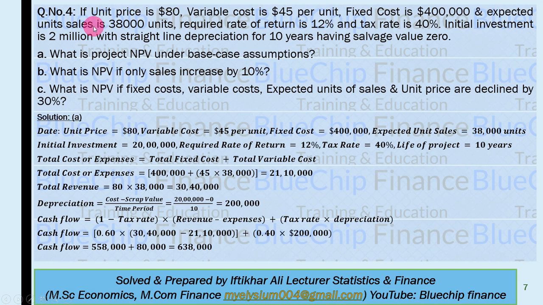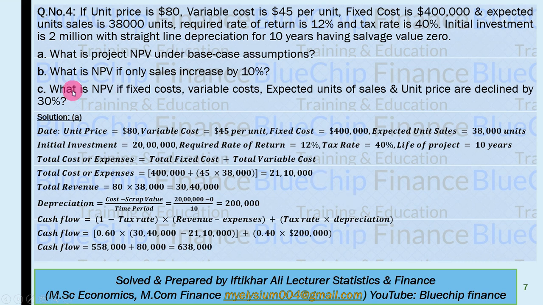Expected unit sales is 38,000, so we take a 10% increase in this 38,000. The 10% of 38,000 is 3,800, so we add this 3,800 to the 38,000, and the rest of the process is the same as we adopted in the previous question, and as you will adopt in part A of this question.